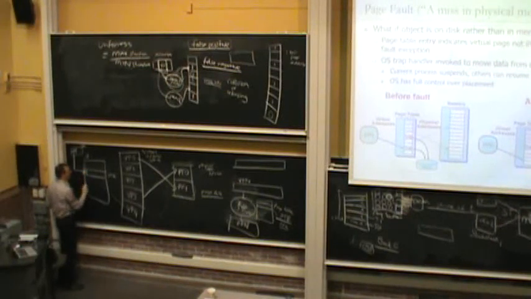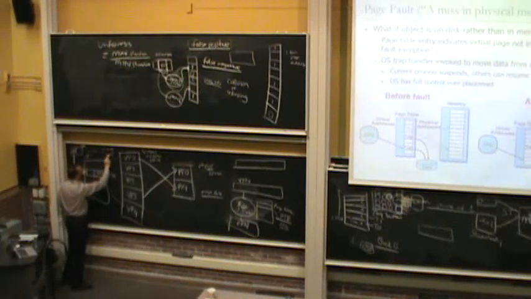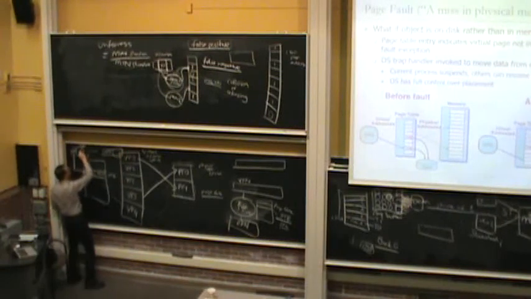If this entry is valid, then this physical frame number is the physical frame where this virtual page resides. And essentially, the physical address is the physical frame number plus what you had in your virtual address, which is the page offset.